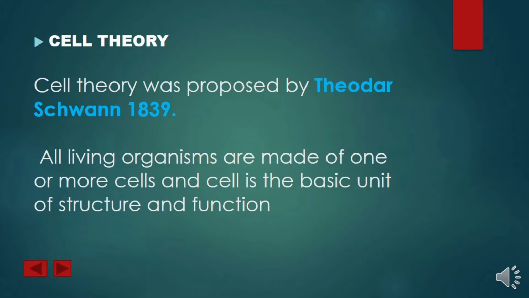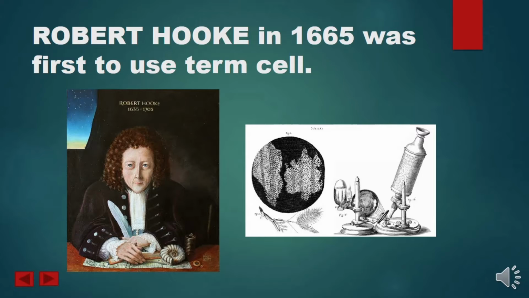In his publication Micrographia, he illustrated the smallest complete parts of an organism, which he called cells. His theory was that all organisms are made up of cells, which are the basic structural units of life. He found the cell in cork tissue with the help of a compound microscope invented by himself.